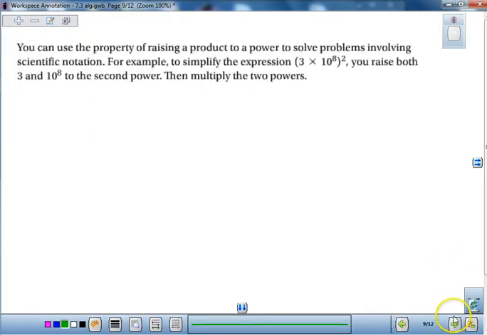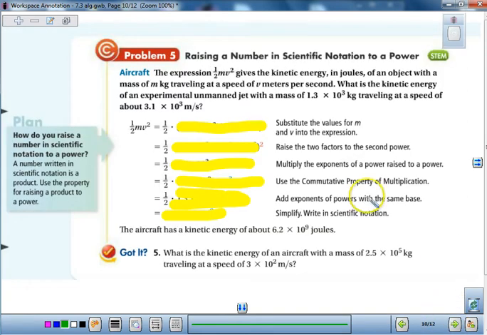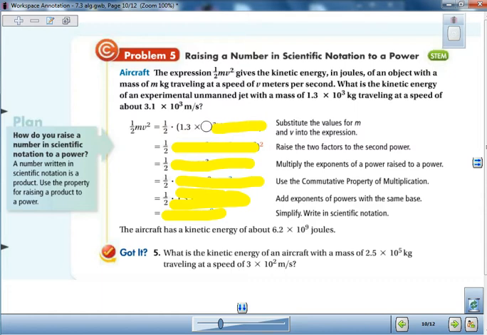We are going to talk a little about simplified scientific notation, but again, this is not a big standard that we are looking at. So if you look at this problem with raising scientific notation to a power, you're going to take a half times, in this case, the mass, 1.3 times 10 to the third, and then times the speed, which was 3.1 times 10 to the third raised to the second.